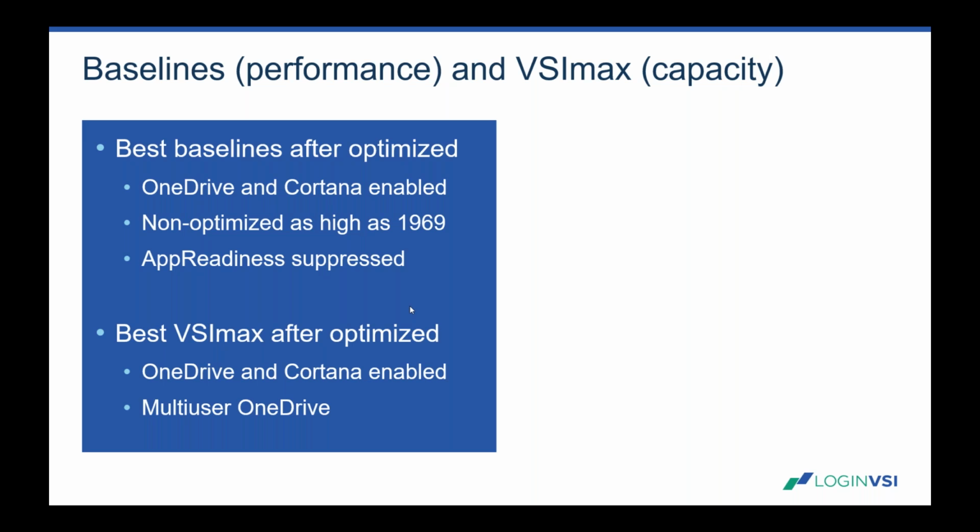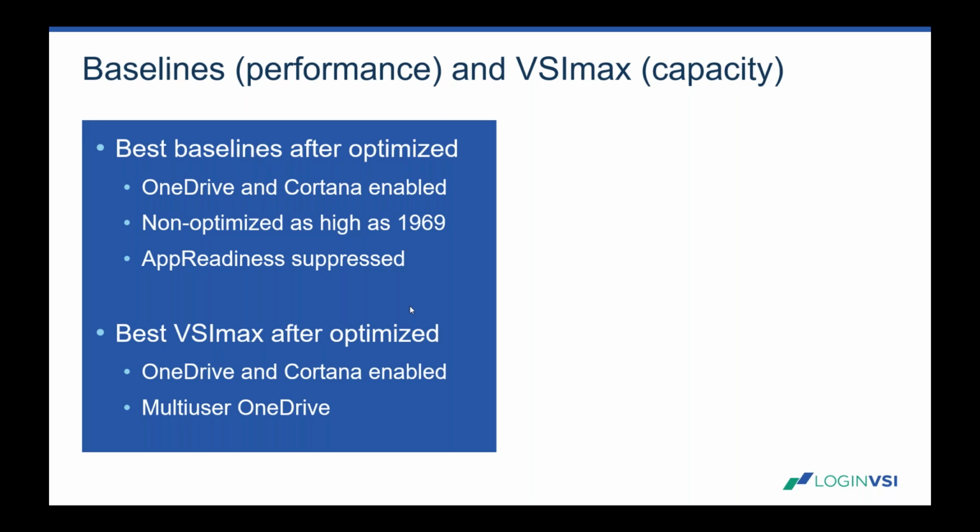And then there's another function in Windows 10 called app readiness. This is basically the Windows client operating system trying to prepare that environment for you ahead of time. That's great for a single user, but there are a lot of processes behind making that happen. So Microsoft helped me to understand how to suppress that, and we'll cover exactly what that is.